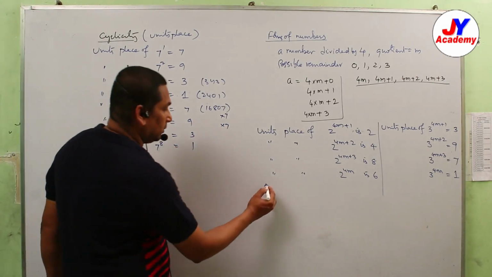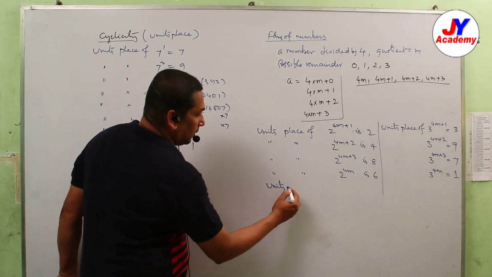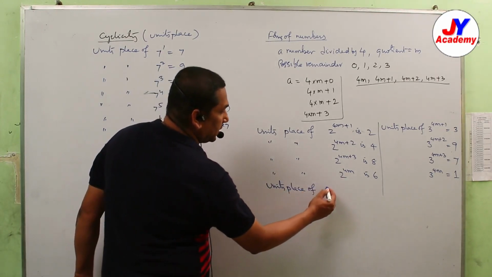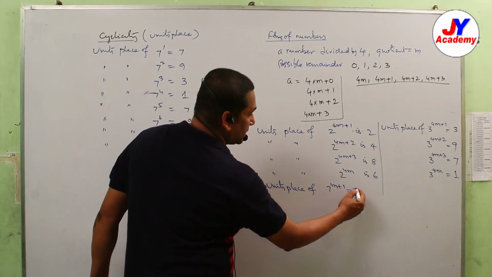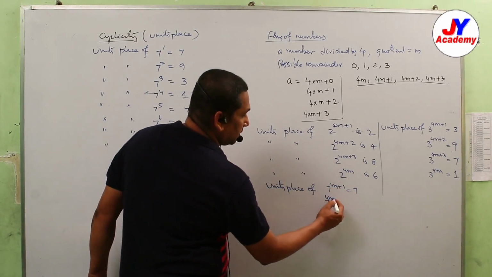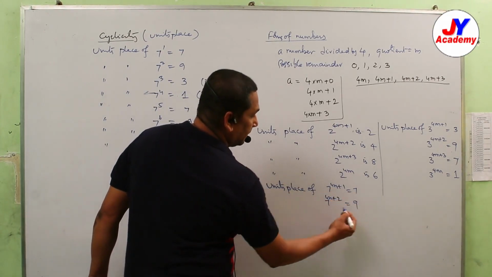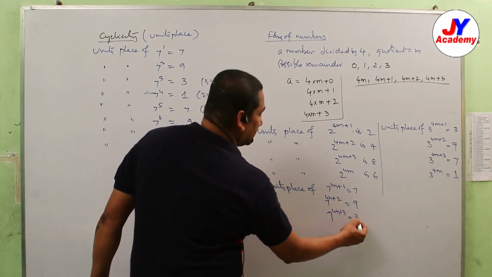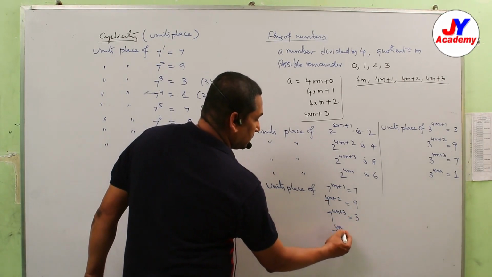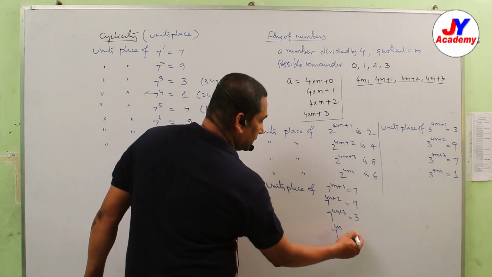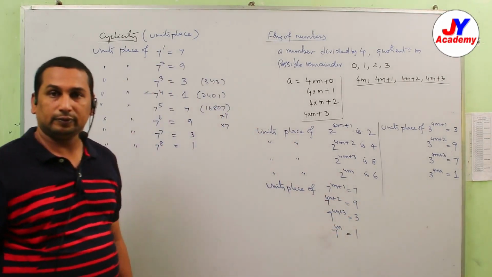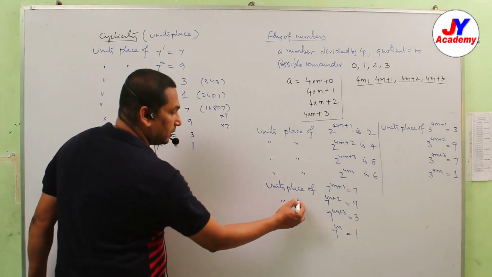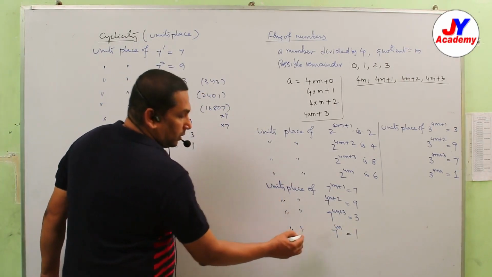So what is the conclusion? Units place of 7 power 4n plus 1 is 7. Units place of 7 power 4n plus 2 is 9. Units place of 7 power 4n plus 3 is 3. Units place of 7 power 4n is 1. That is about the units place of 7.